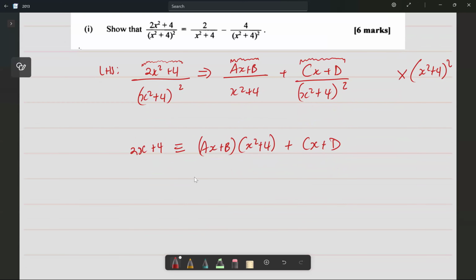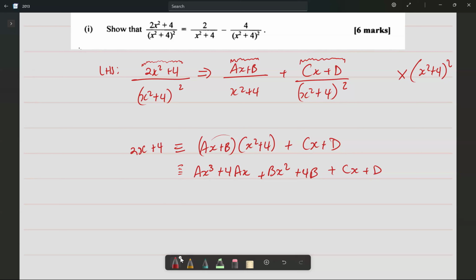Let's expand this out. On the right-hand side, we get ax cubed plus 4ax plus bx squared plus 4b plus cx plus d.